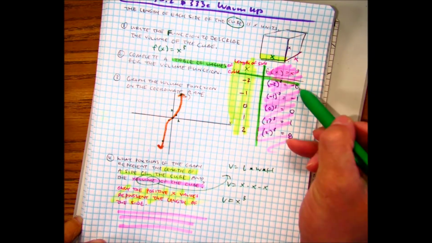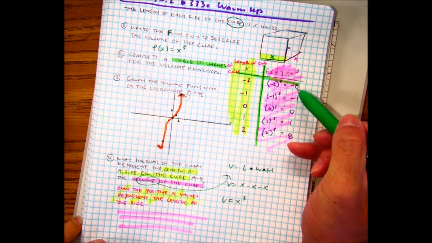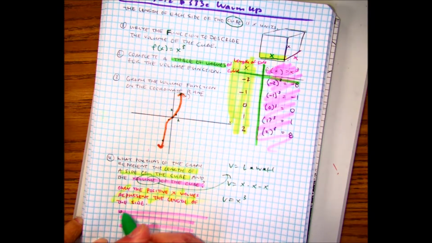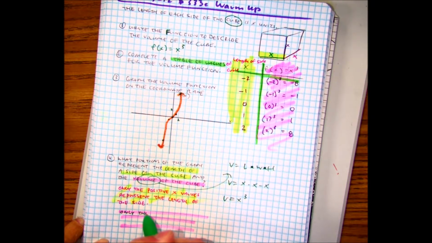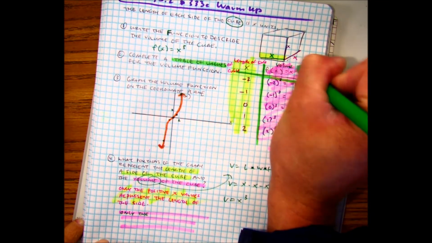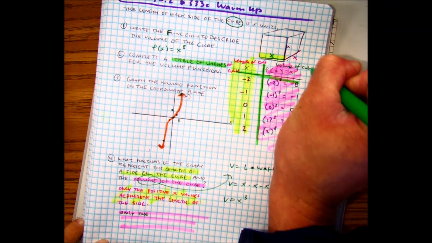Now if you think about it, can you have a -8 volume? No. So only the positive y values. So let's write that. Volume of cube.